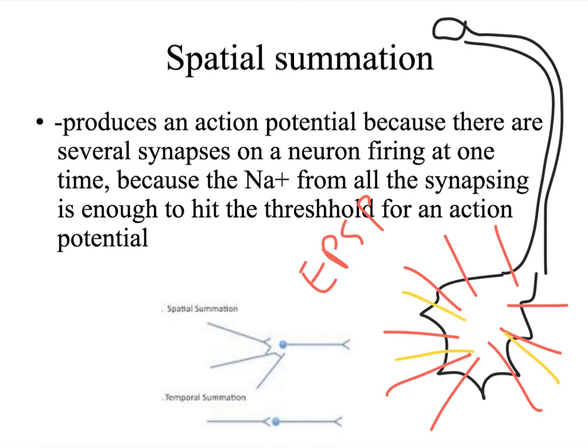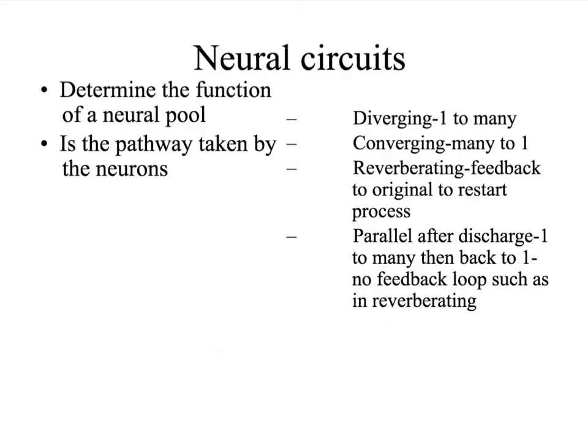So in this case, because you've only got 3 IPSPs, and you've got 1, 2, 3, 4, 5, 6, 7, 8, 9 EPSPs, then the result of the spatial summation for this neuron is going to be excitatory, and so you're going to have enough to be able to produce an action potential in that postsynaptic cell.